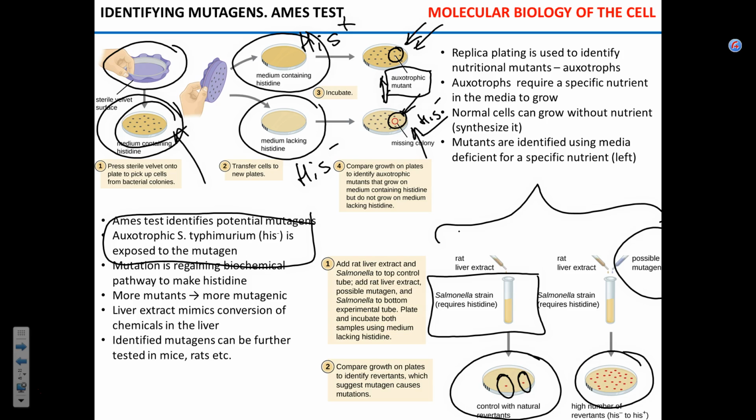Sometimes a mutagenic chemical can be either neutralized or actually become stronger if liver enzymes change it. Does that make sense?